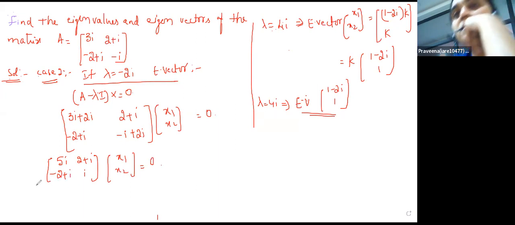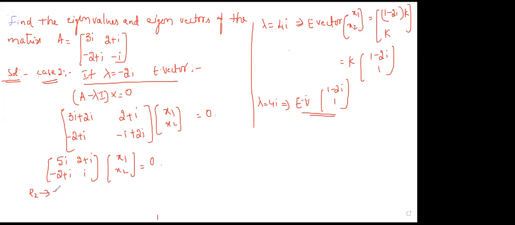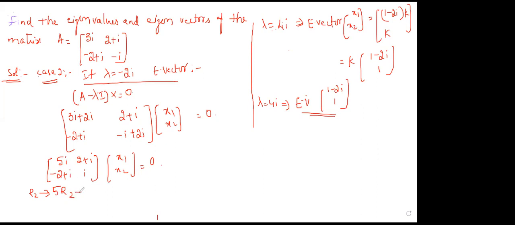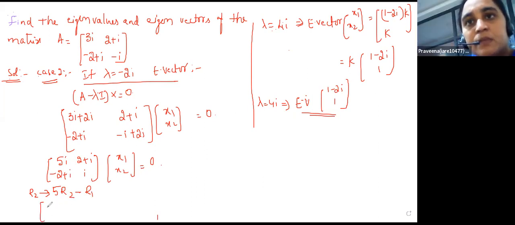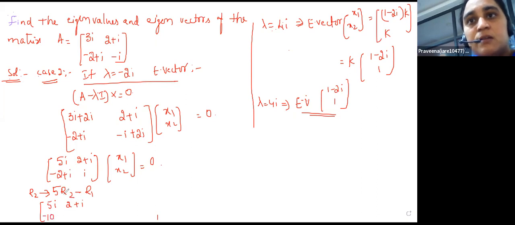Now tell me the row operation for that. That is R2 tends to 5R2 minus R1, right? Yes, ma'am. That is 5i, 2 plus i. This is minus 2 into 5, that is minus 10. 5i minus 5i is 0. Okay?